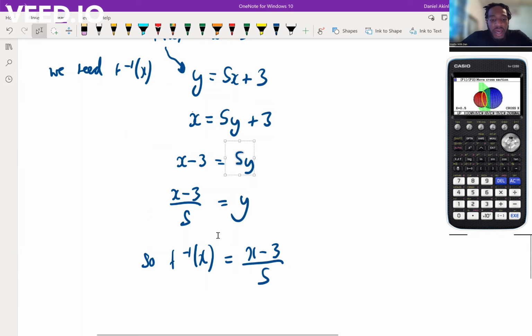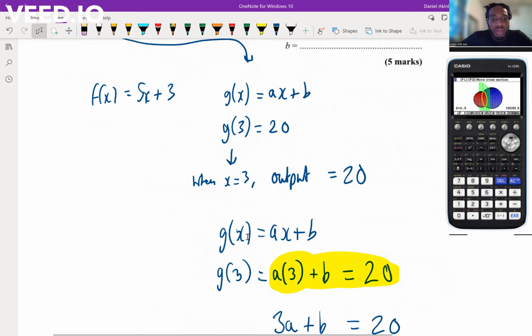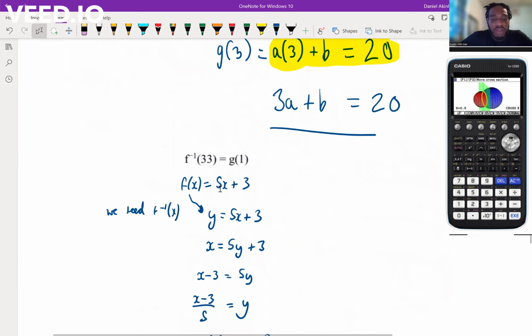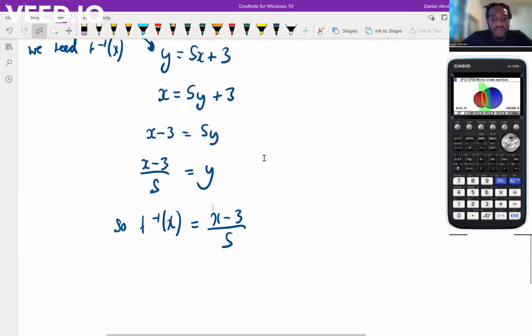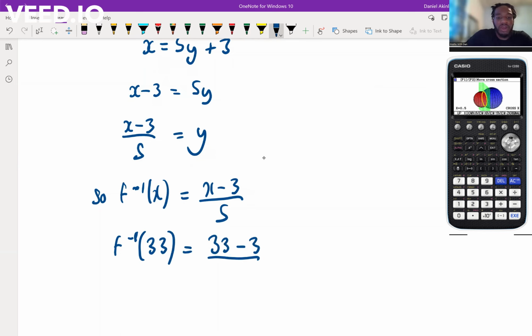And they told us that when you plug in 33 to your inverse function, you get g of 1. So let's have a go at that. If this is our inverse function, then f inverse of 33 would be equal to 33 take away 3 over 5. This is 30 over 5, and this is how many times 5 goes into 30, 6 times.